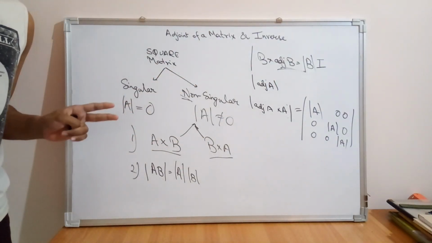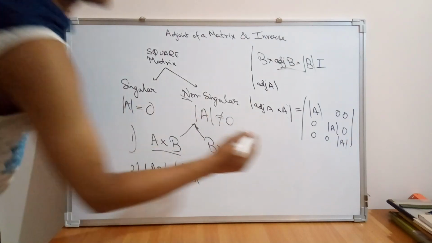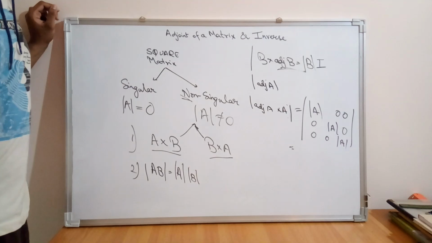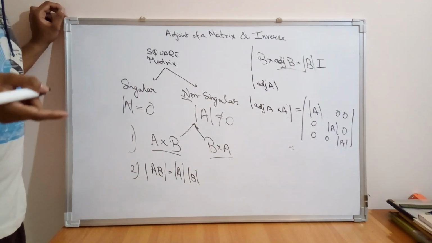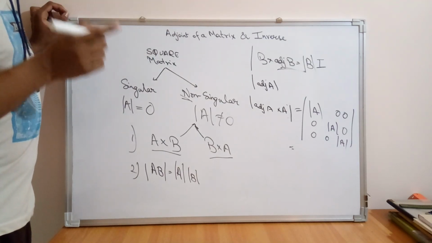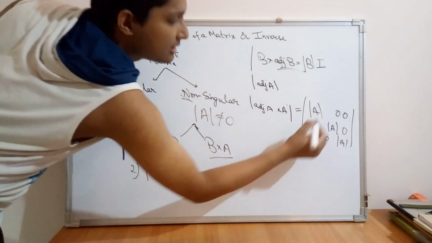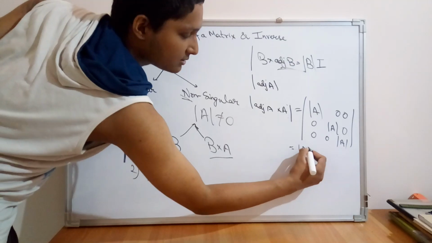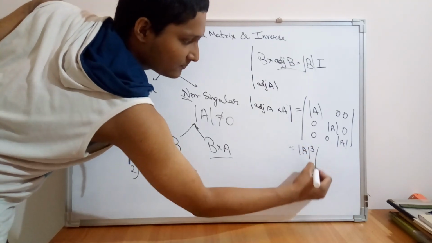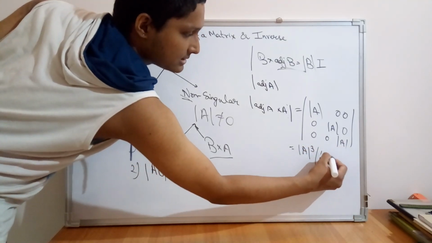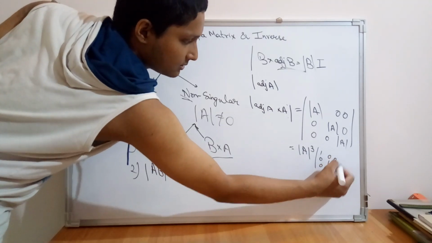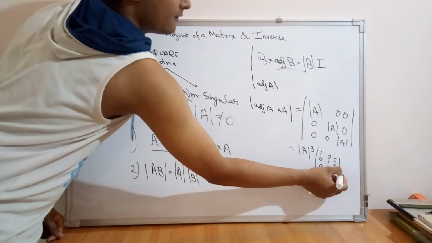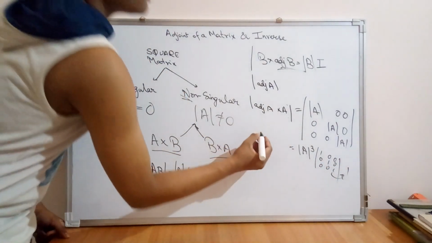By using the properties, we know that we can remove any common factor from a particular row or a particular column. That's what we learned in properties. Therefore, from these three rows I am going to take out, it becomes modulus of A whole cube, then 1, 0, 0, 0, 1, 0, 0, 0, 1. Okay, that is going to be 1.